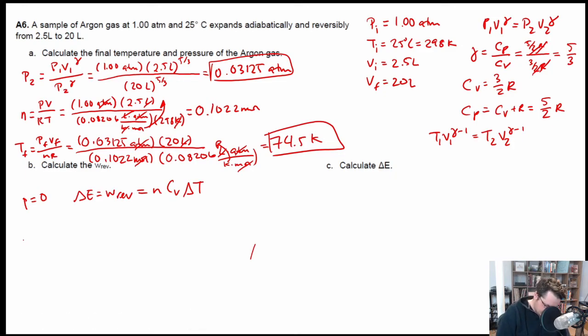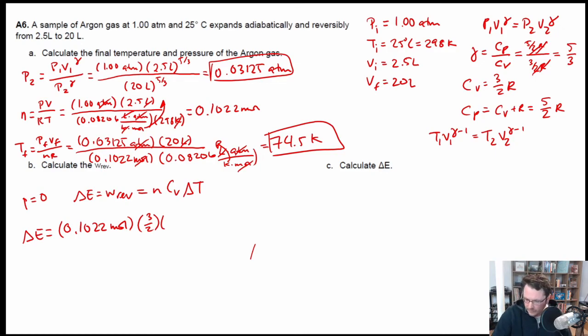So delta E is equal to the number of moles, 0.1022 moles, times CV, which is 3/2 R. The important thing here is to use the R that has the joules, because delta E and work and all those things should be in units of energy.